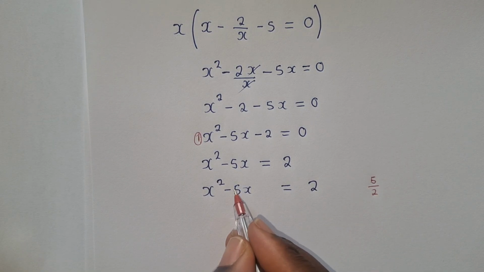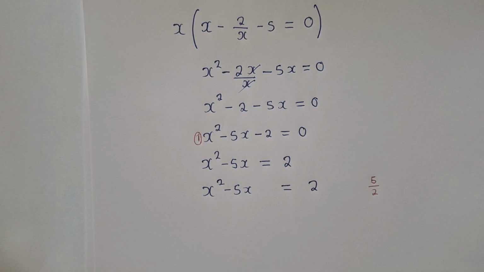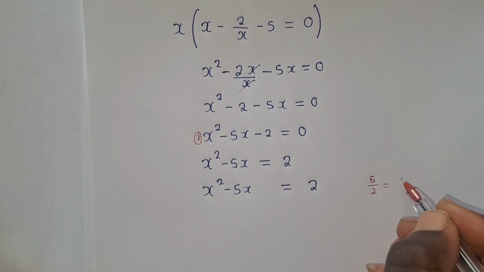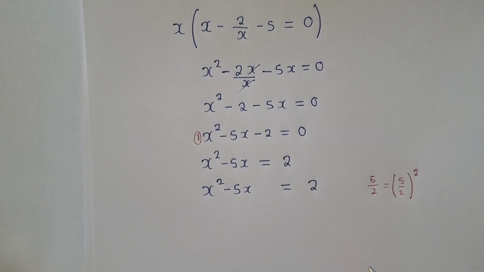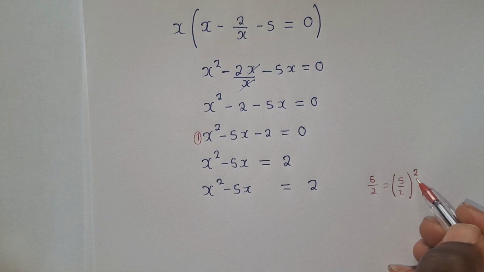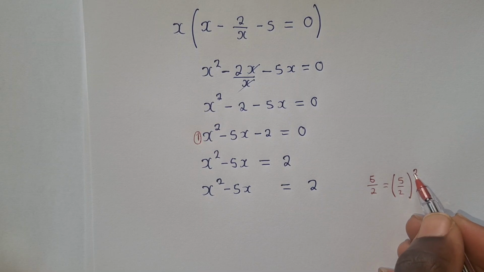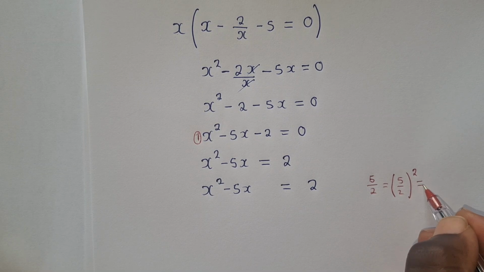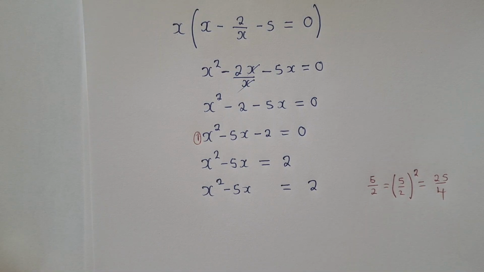So always get the number that is here, divide by 2, and after dividing by 2, the answer that you get, you square it, okay? So you say that number power 2, always divide by 2 and then come and say power 2. This will give us 25 over 4. This is what we're getting, 25 over 4.